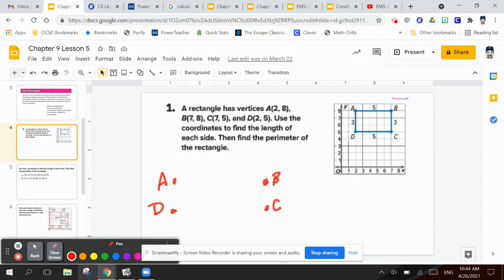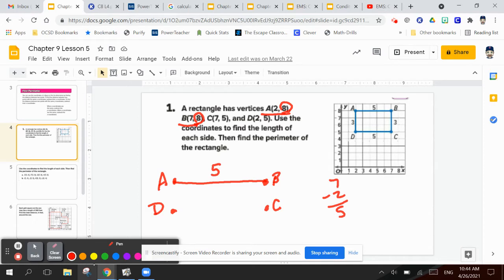So to find the lengths of each side, I look at A and B first. I notice that A and B have the same y coordinate, so I want to subtract the two x coordinates. So I have 7 minus 2, which is 5. So the distance from A to B in this rectangle is 5.